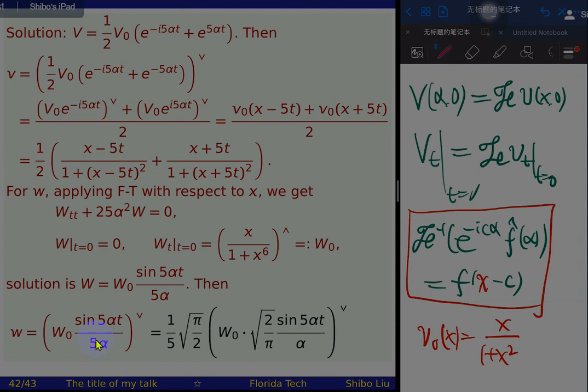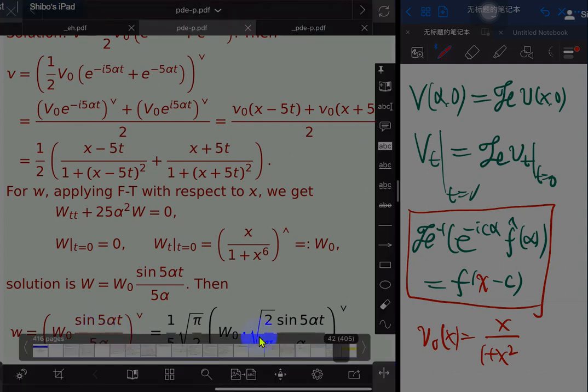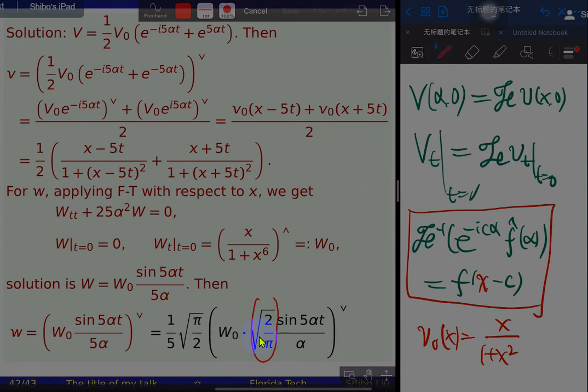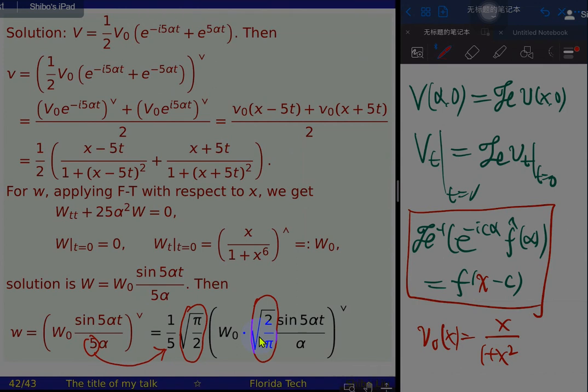We rewrite the sine(φαt) divided by φα. We add a coefficient here. Correspondingly, we need to balance the coefficients. And since the inverse transform is linear, this φ can move out of the operation to get this result.